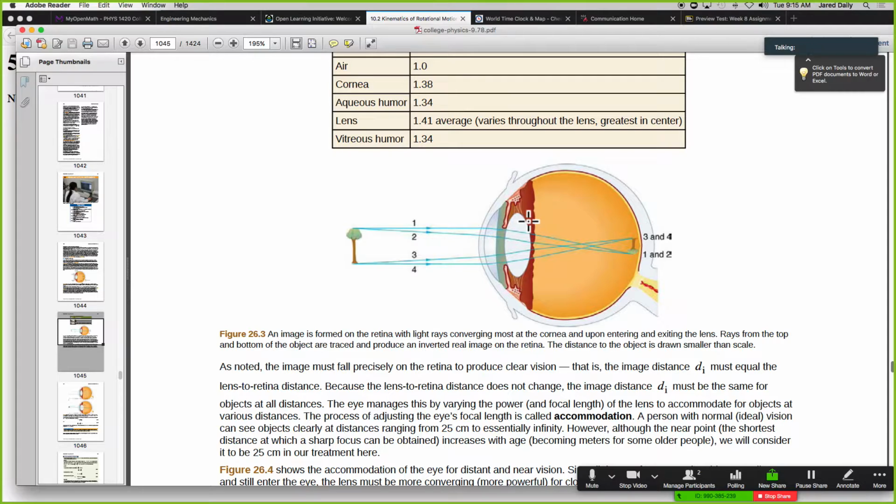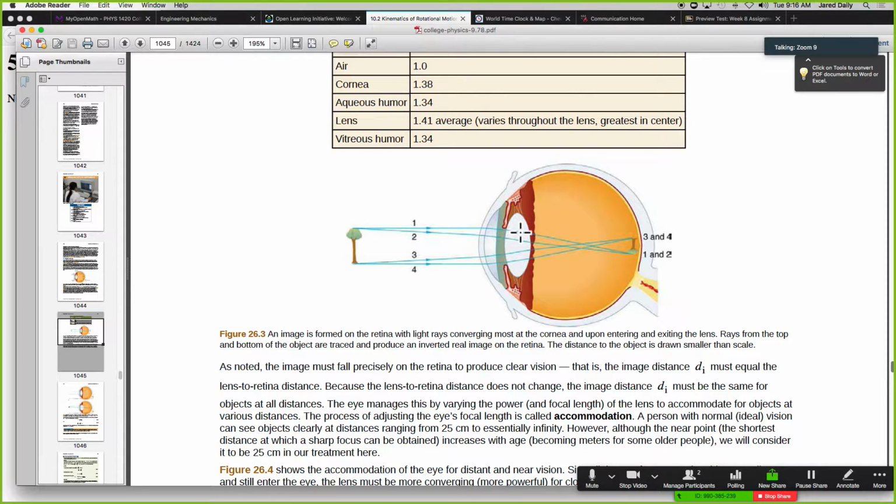That happens when you're trying to focus on something that's far away relative to something closer up. Your eyes do that automatically. You also have this thing in front of the eyeball called the iris, which opens and closes, essentially making a smaller hole or a bigger hole for light to come through.